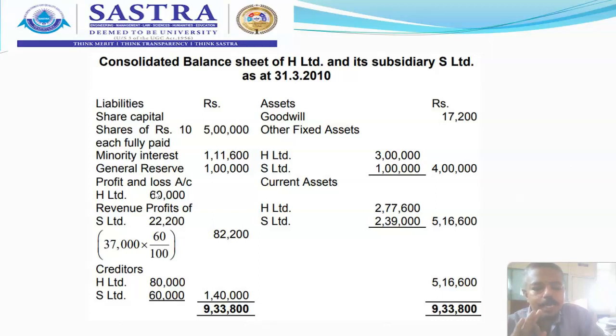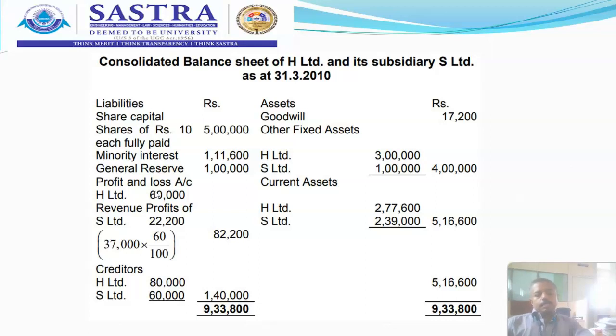Show only the share capital related to H Limited, and post the revenue profit which belongs to H Limited from S Limited, that means 60% of 37,000. By this way we can prepare the consolidated balance sheet of H Limited and its subsidiary S Limited as on a particular date. So altogether it amounts to 9,33,800.